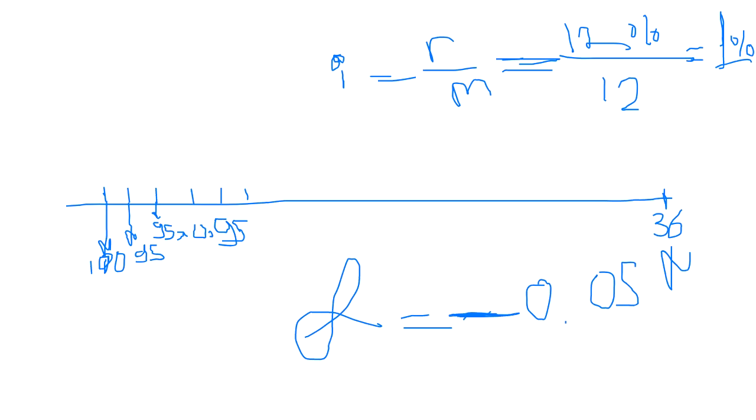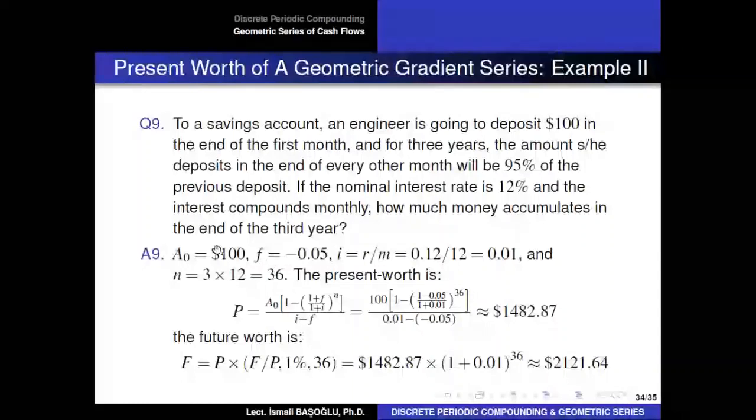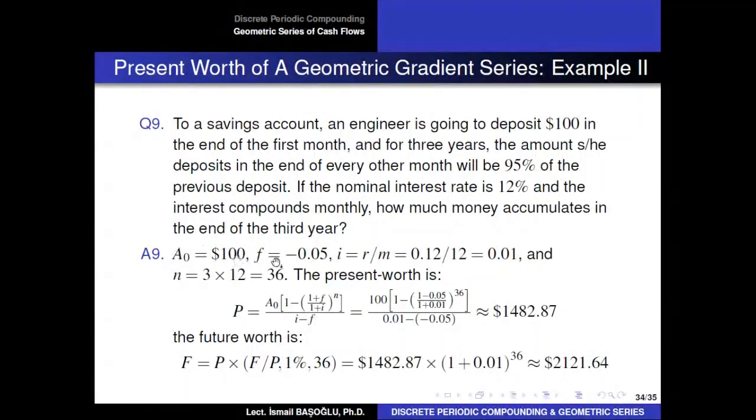So let's go back to the presentation now. My base payment, the initial payment at the end of the first month, is 100. My rate of change in my payments is negative, it is minus 0.05. My effective interest rate per payment period is 0.01, and there are 36 payments in this payment plan.